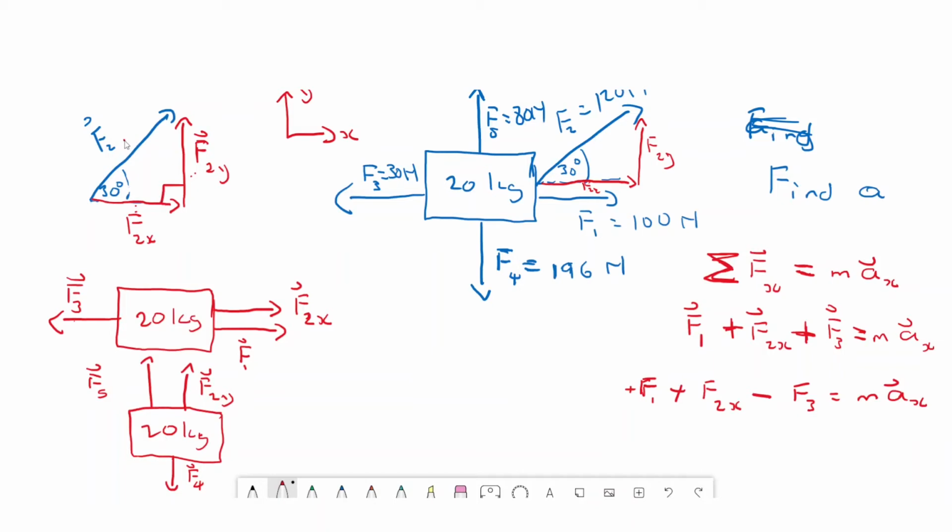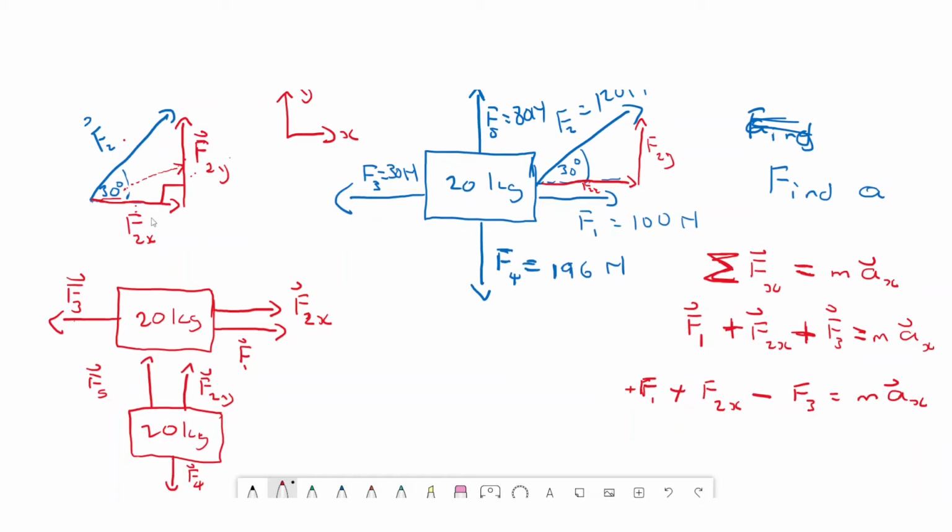This is the hypotenuse, and this is the side opposite the angle. You just draw a straight line, and whichever side the arrow touches is opposite the angle. Now this side, F2x, is adjacent, meaning it is just next to the angle.